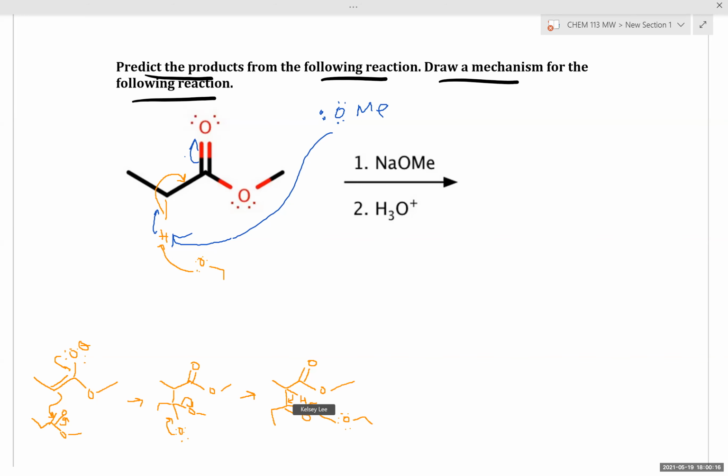Exactly right. So we get our desired beta ketoester enolate, and then from there, we can quench it out with acid whenever we want.